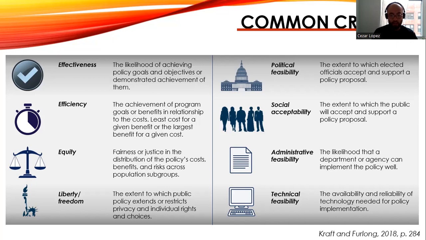The criterion of equity arises especially when the uneven impact of a policy, existing or proposed, is important. Equity is defined as the fairness or justice in the distribution of the policy's costs, benefits, and risks across population subgroups. We are not checking whether the benefits, costs, or risk of a policy are equally distributed among the population, but if their distribution is fair.